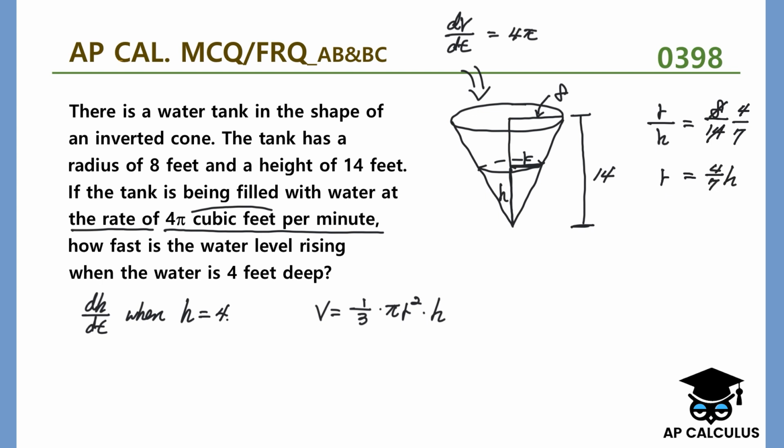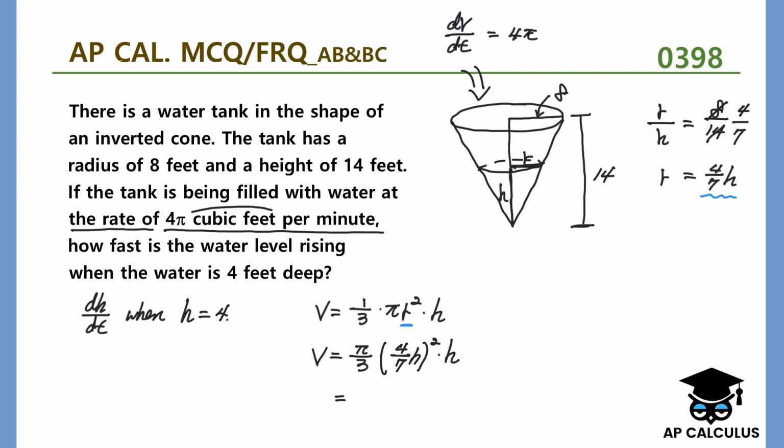So far so good? Now we're going to substitute this expression for r here, then we'll have the equation of the volume in terms of h. Let's rewrite this equation. Volume is equal to 1 over 3 times pi, that's pi over 3, and r is equal to 4 over 7 h, so 4 over 7 h squared times h.